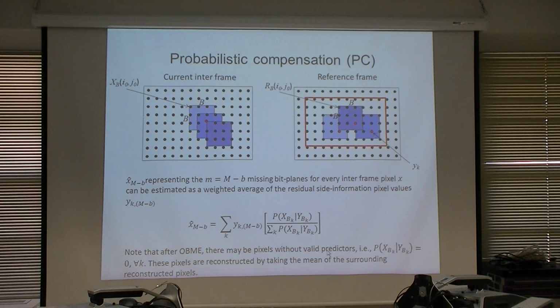So these pixels will be reconstructed by taking the mean of the surrounding reconstructed pixels. By performing this algorithm for each pixel of the interframe, finally we will recover the interframe.